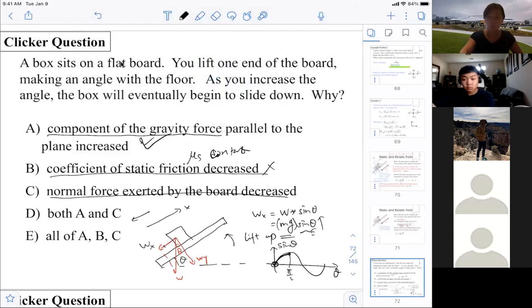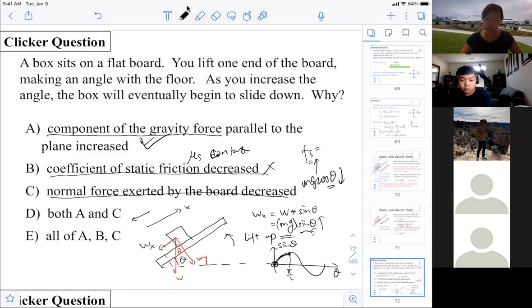The normal force is mg cosine theta, and as theta approaches pi over 2, cosine approaches 0. So it decreases, and that affects the amount of friction you can provide.